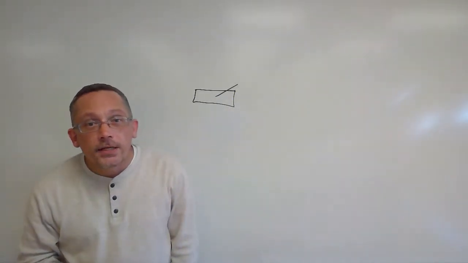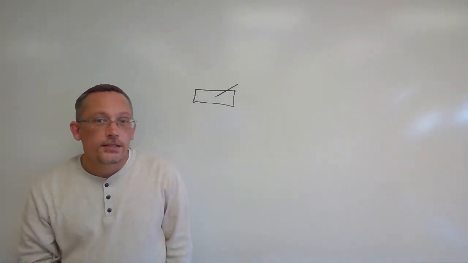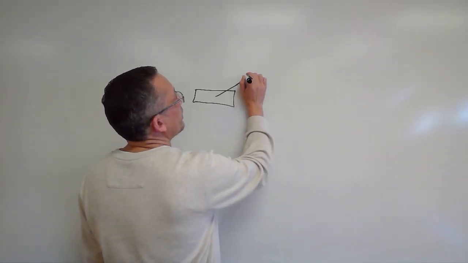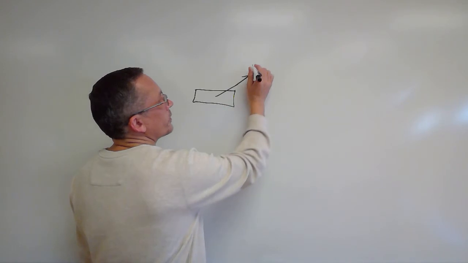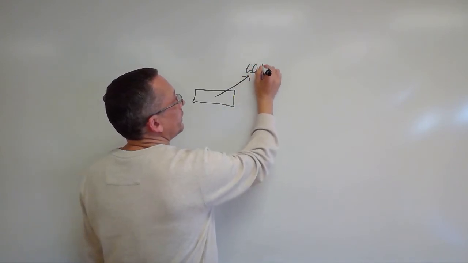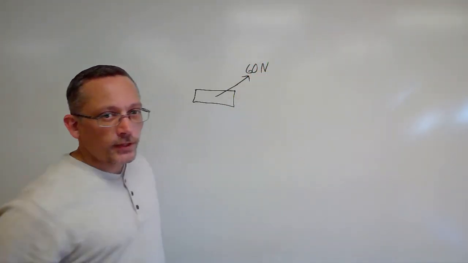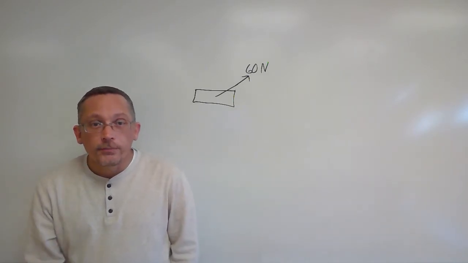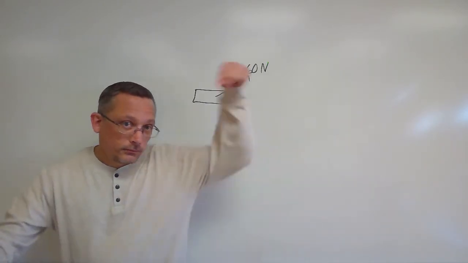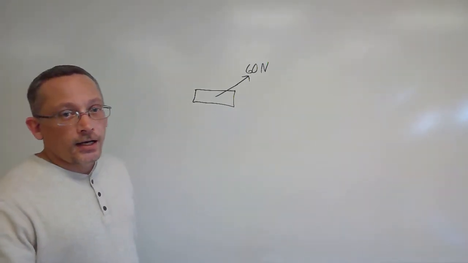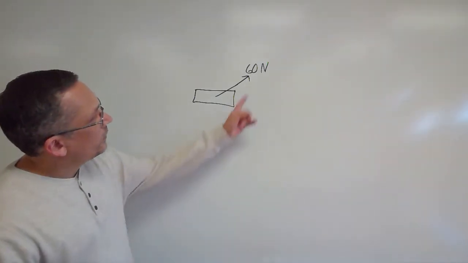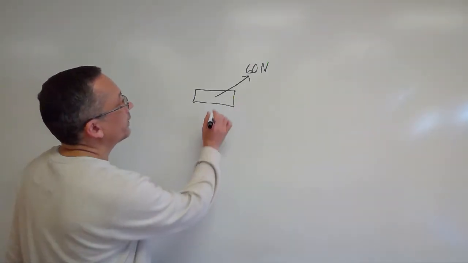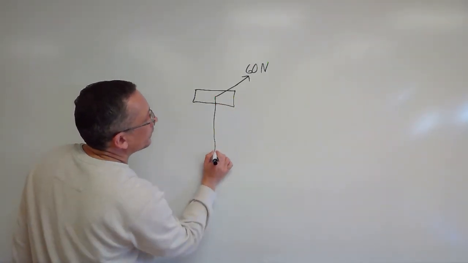It says that is 60 newtons. So I'm going to make my arrow maybe about that long, and about that long represents 60 newtons of force. The second force it tells me about is the force of gravity, which should be pointing down, right? And that is 130 newtons. 130 is a little bit more than twice as much as 60, so I'm going to make my arrow approximately twice as long.